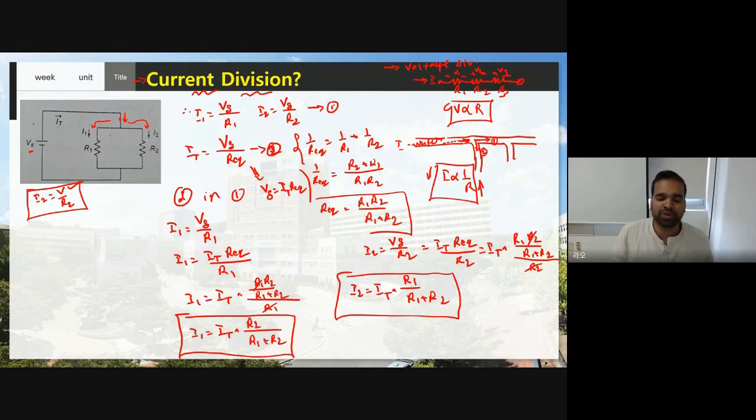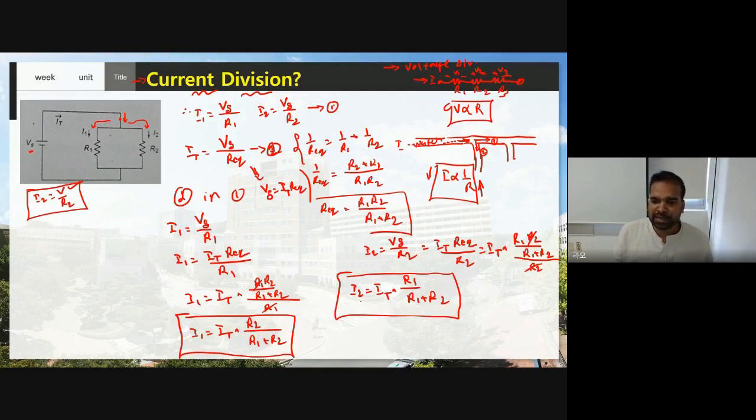Only R2. So you need to keep R2 at the numerator by, now how many elements are connected in parallel? Two elements, the sum of those resistors R1 plus R2. I hope it is clear. I1 equal to total current, and if you are finding current at R1, the opposite resistor R2 by the sum of the resistances R1 plus R2.